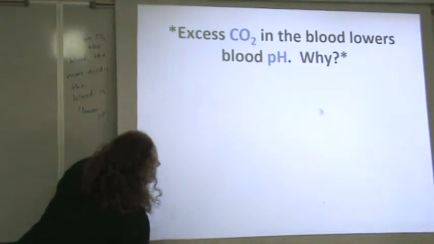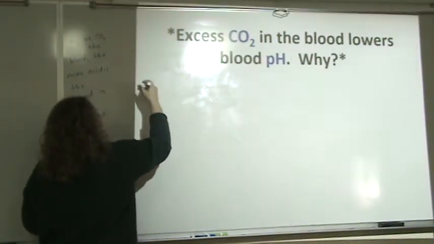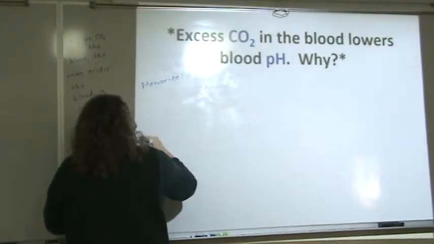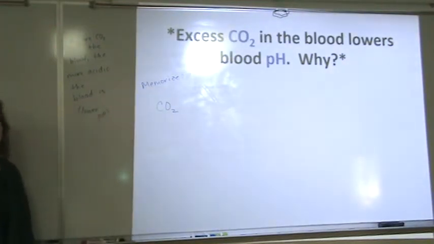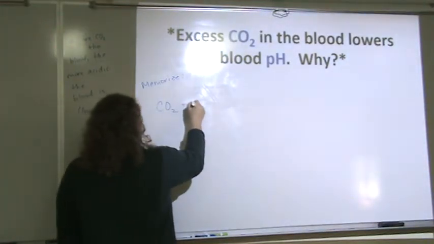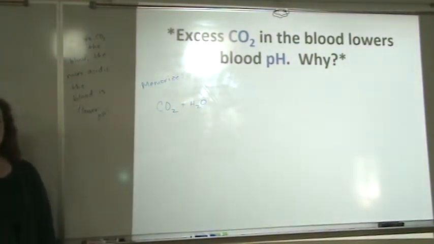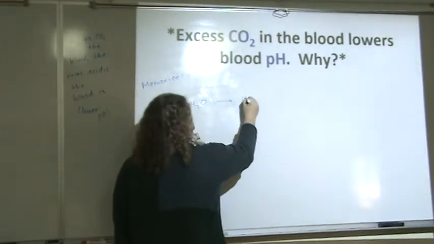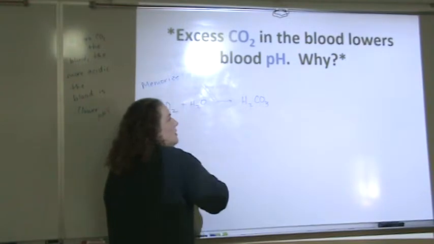So make a note, memorize, and be able to write this. CO2, carbon dioxide, when it's with water, when it's dissolved in water, it forms a chemical called carbonic acid.